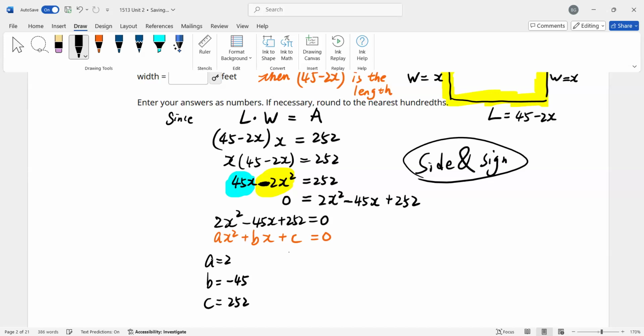a, b, c. Do you guys remember what delta represents? Delta is called the discriminant. The formula for delta is b squared minus 4ac. Let's plug it in. b is negative 45. Put it in parentheses. a is 2. c is 252. Okay, let's see. What is 45 to the power of 2?